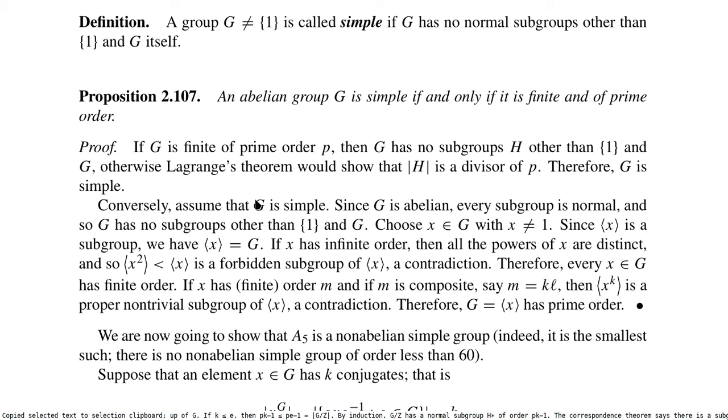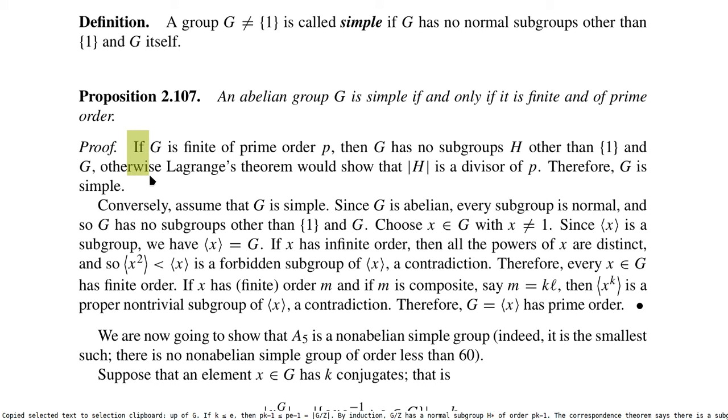So assume that G is simple. Since G is abelian. Wait. Is this the forward or the backward direction? This is the backward direction. Okay, right.